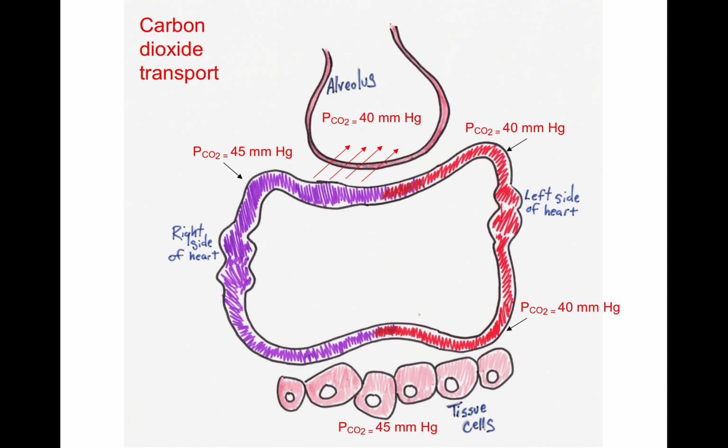So it's going to move from where it's high in your body tissues towards where it's low, which is the blood, okay, until it reaches an equilibrium, and the carbon dioxide leaving your body tissues is going to have a partial pressure of 45 millimeters mercury. Again, that brings us back to the beginning of the story, of 45 millimeters mercury of the partial pressure of carbon dioxide approaching or coming towards the lungs.